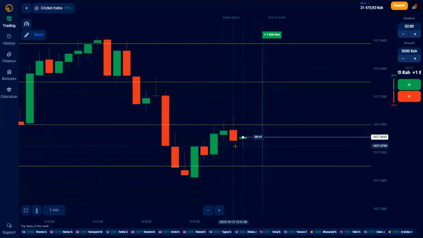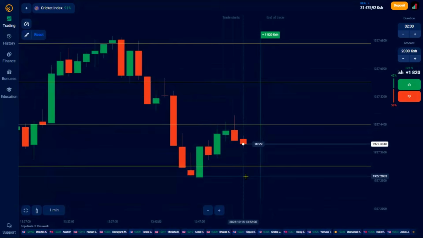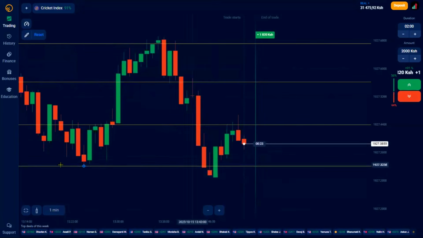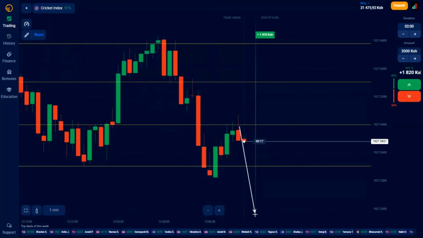So that rejection, the price was rejected, and we are supposed to continue going down. All right, yeah. So it should complete that pattern. So what are we expecting now? We are expecting the price to break this zone and come to the next zone.